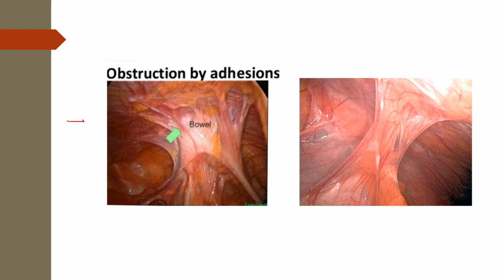Here we can see how adhesions actually look. So the adhesions can be in between the intestinal loops or between the intestine and the abdominal wall. Adhesions are basically bands of scar tissue that connect two internal body surfaces, and people who have had multiple surgeries in the past are more prone to develop adhesions.